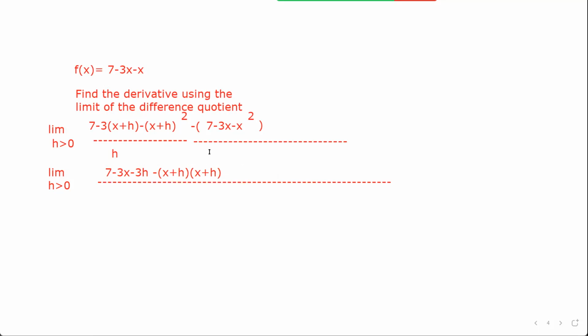Now, this other piece is also pretty easy because notice the square is on the inside. So we're going to have minus 7 plus 3x plus x squared. Are you with me there? So now this is over h.